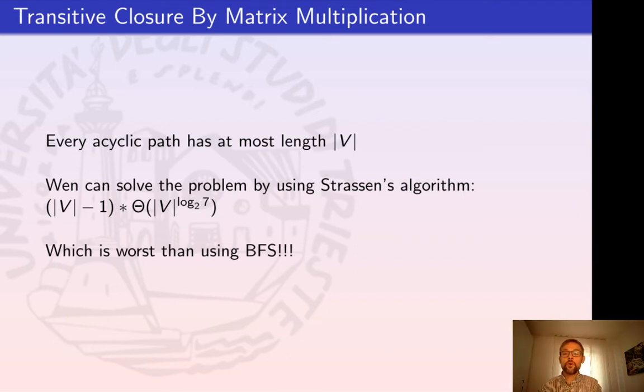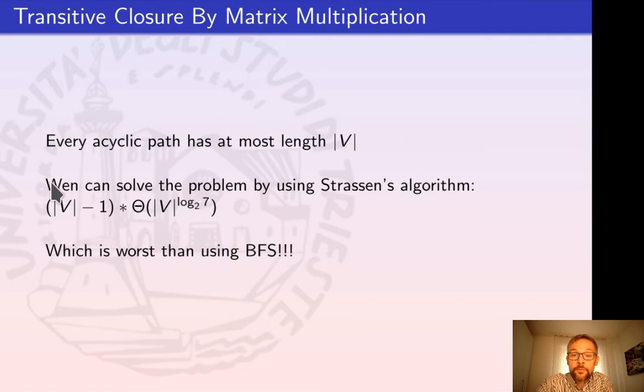So when we solve the problem by using the Strassen algorithm, so if we try to compute A at the power of n by using the Strassen algorithm, we land with a solution which has this complexity. So it is cardinality of V minus 1.